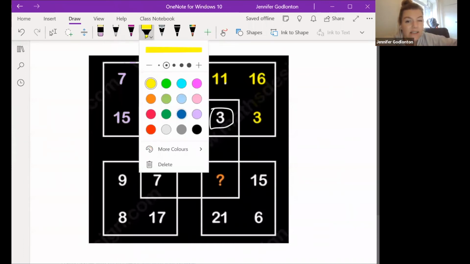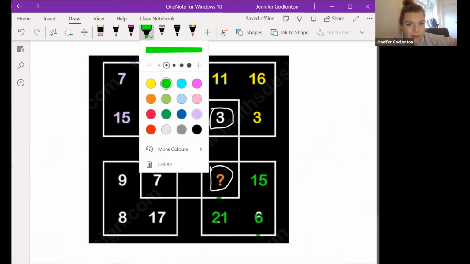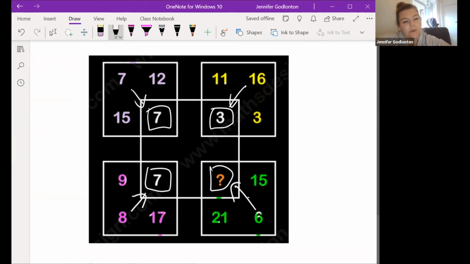And then using that same logic, the relationship between these three will give you this number. Same here as well, the relationship between these three will give you your 7. So don't look for a relationship in that middle square. Rather look at how does this smallest square give me 7? How does this smallest square give me 3? How does this small square give me 7? And then use that logic to get this question mark.